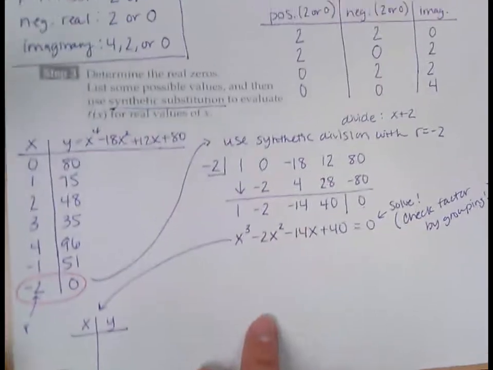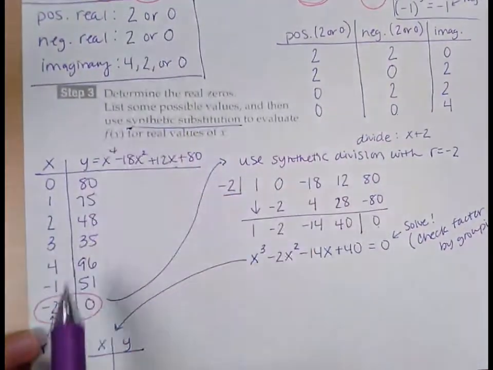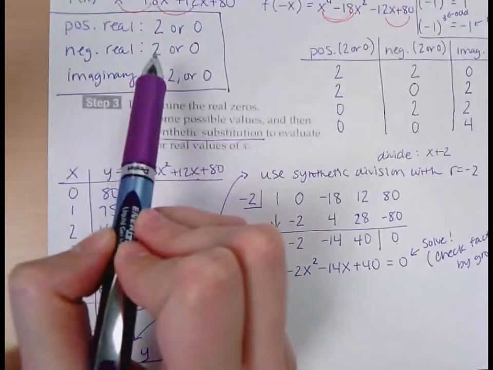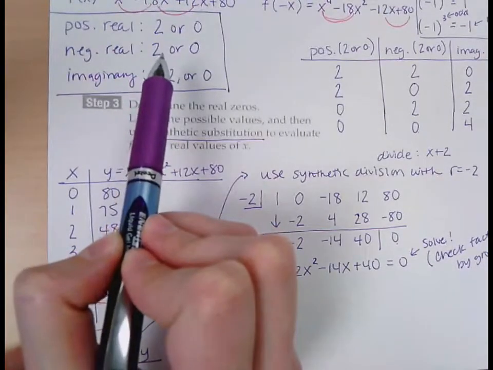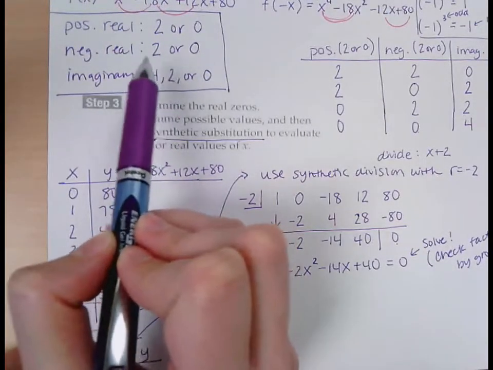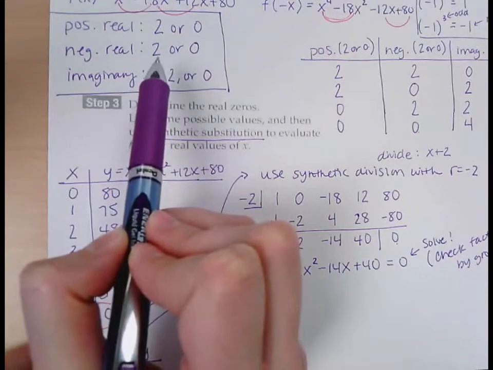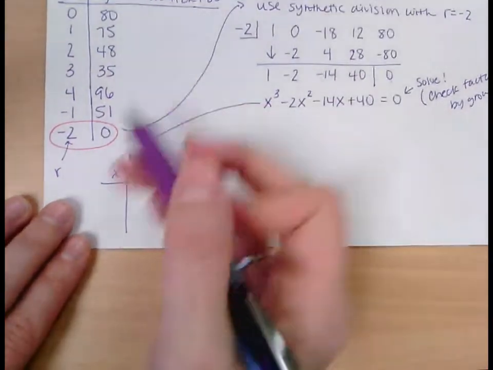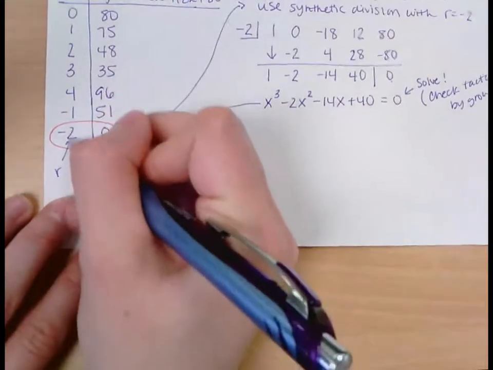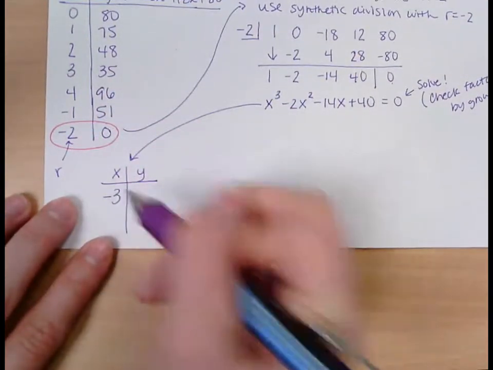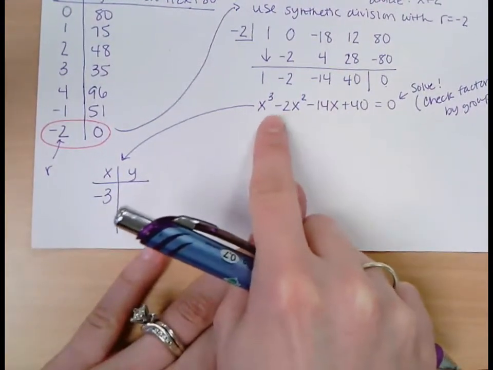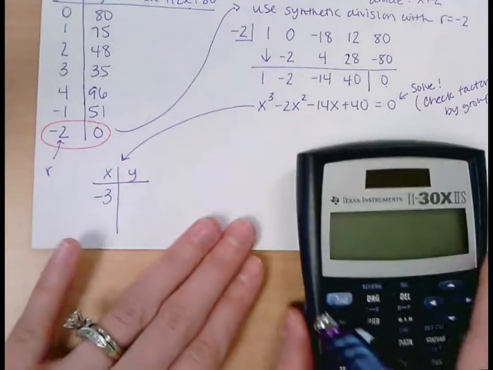Now, again, where step 2 is going to help, we found one of our answers is -2. That is a negative real 0. Since we have 1, we know there has to be a second negative real 0 that works. So I should continue with negative numbers. So I'm going to continue where I left off and plug in -3, but I'm going to plug it into my new polynomial here.